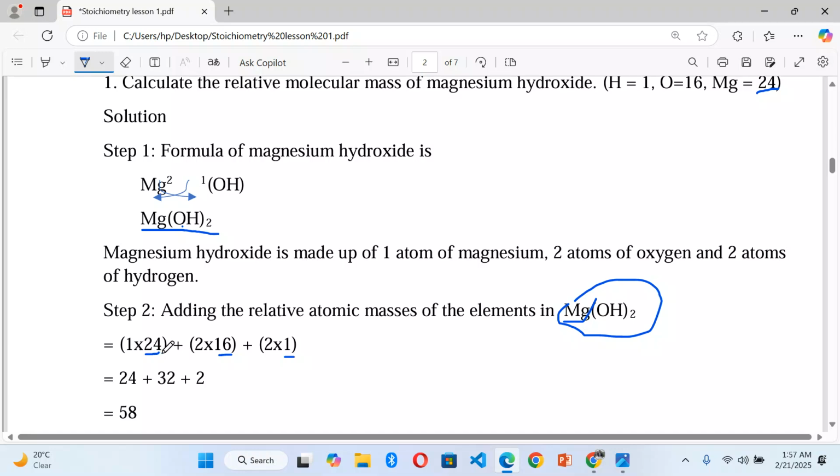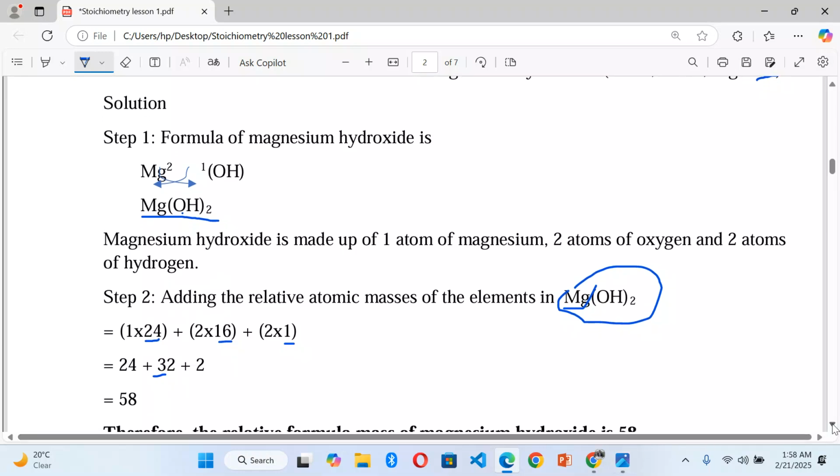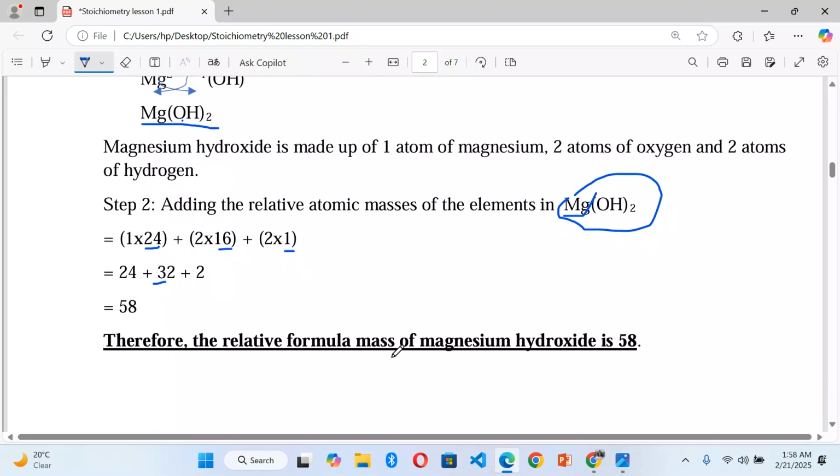What is 1 times 24? We get 24. 2 times 16, we get 32. 2 times 1, we get 2. So when you sum up 24 plus 32 plus 2, we get 58.